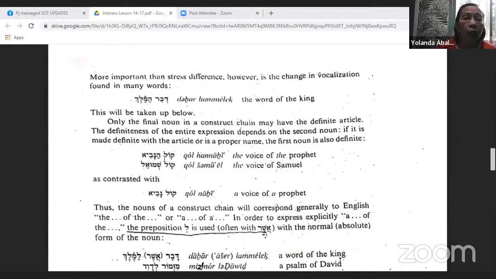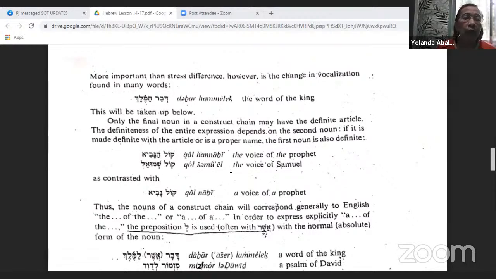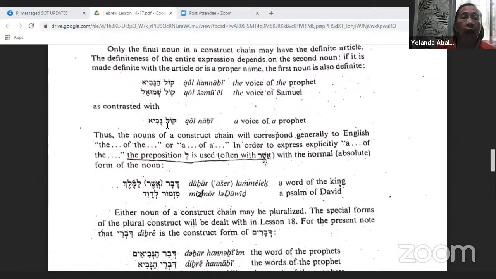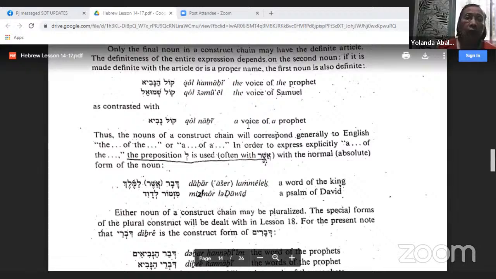Next, we have Kol Hanabi, the voice of the prophet. Kol Shmuel, the voice of Samuel. Ilagay mo sa contrast yan ng Kol Nabi. Ano yung Kol Nabi? A voice of Nabi, a prophet. Yan. Pagka nagkaroon ka ng Kol Hanabi, understood, magkikarry over ang kol mo ng article ha.